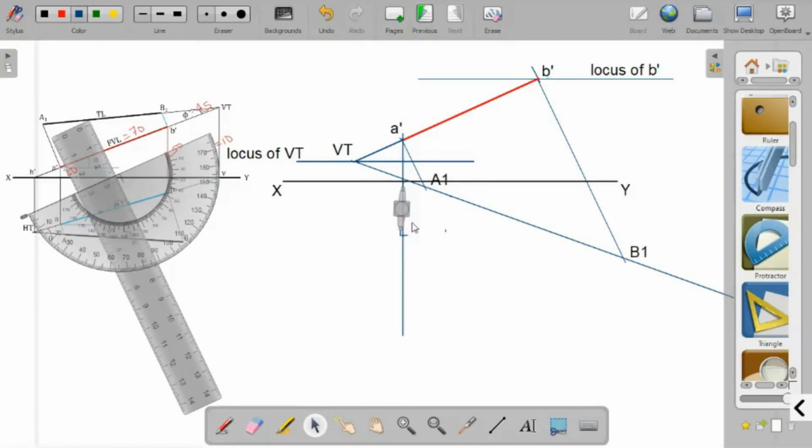So this is point B, and now from B dash, you have to draw a perpendicular line or a projector. This distance.